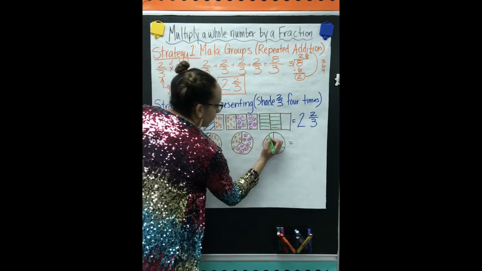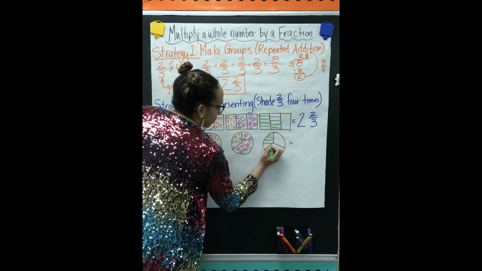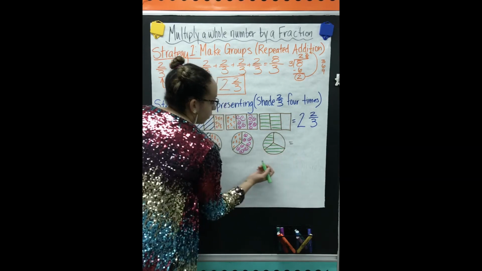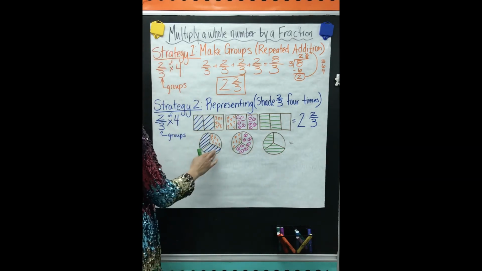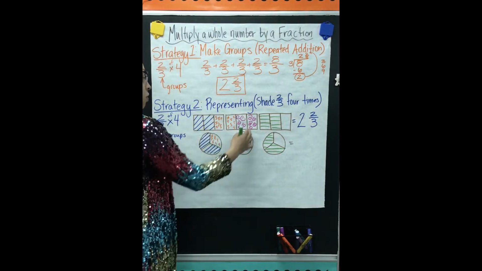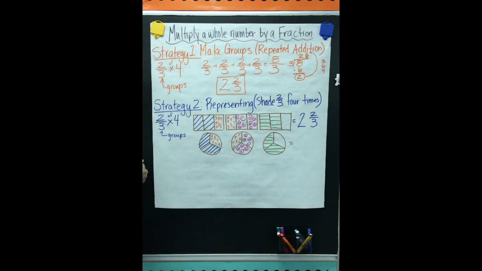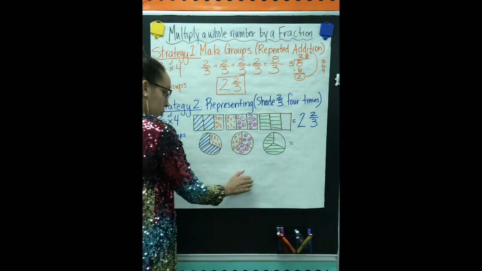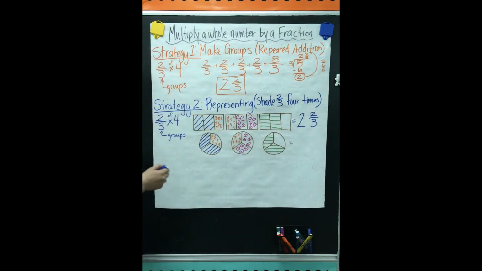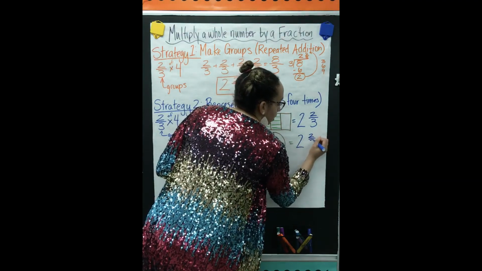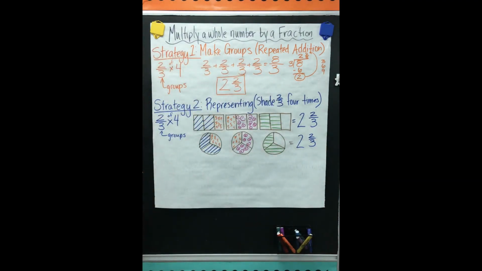And we're going to shade in 2. So we shade in 1 2/3, 2 2/3, 3 2/3, 4 2/3, and we have 1 whole, 2 wholes, and how many parts? So we have 2 and 2/3. So that is the second strategy, representing.